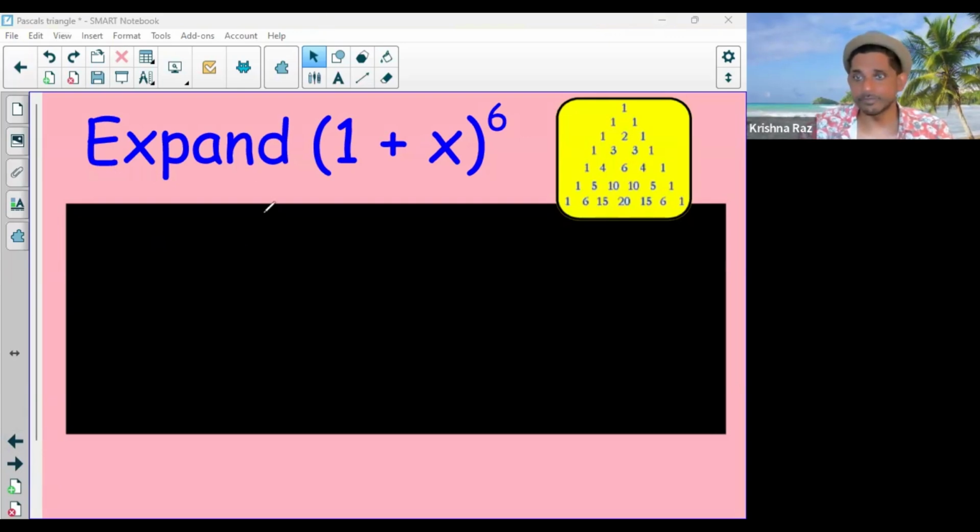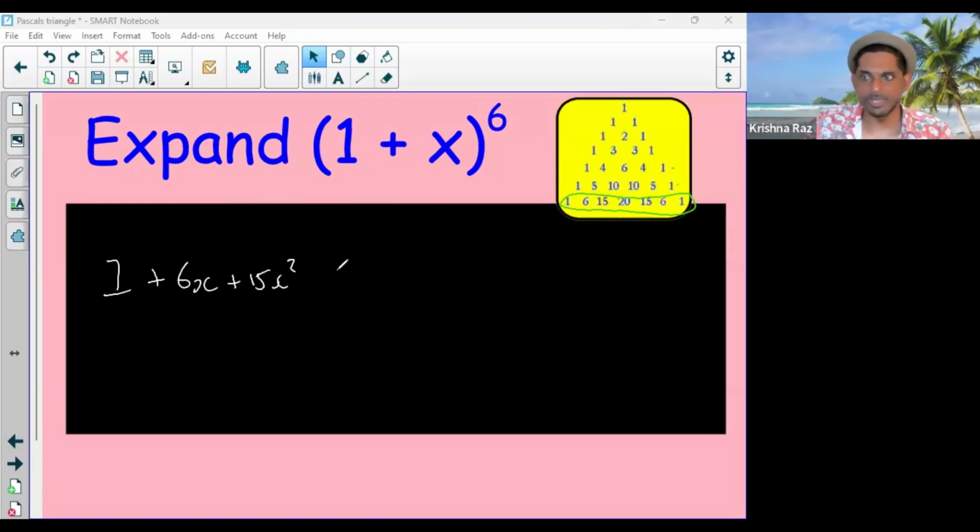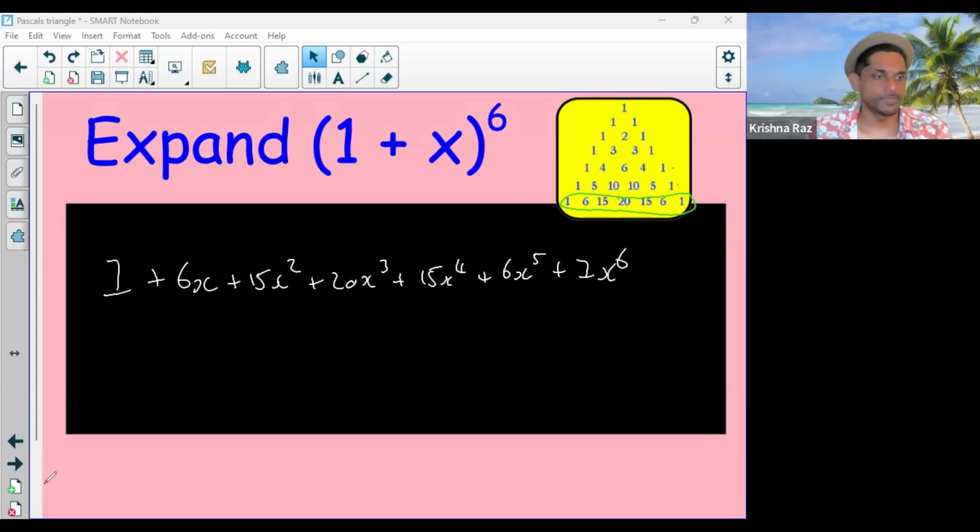We should get x to the power 6 will be this bottom line here. So x squared, x cubed, x4, x5, yeah. So what you should get is 1 plus 6x plus 15x squared plus 20x cubed plus 15x to the power 4, 6x to the power 5, and then 1x to the 6.